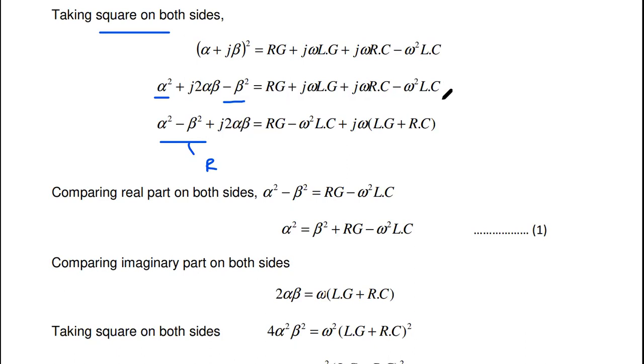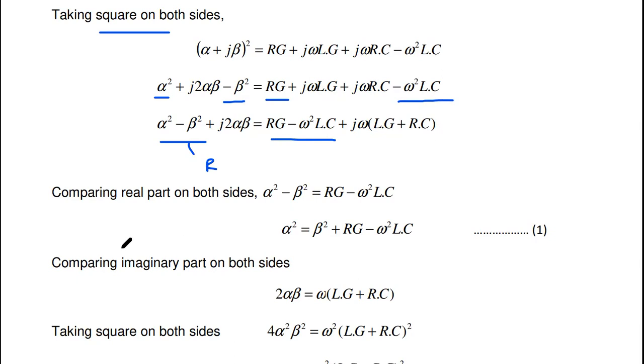Similarly, in these 4 terms, which one is the real part? RG is a real part, minus omega squared LC is a real part. So you write the real part first, plus the second and third terms are the imaginary part. In that you take j omega as common. We can write LG plus RC. Okay, so you separate on both sides the real part and imaginary part.